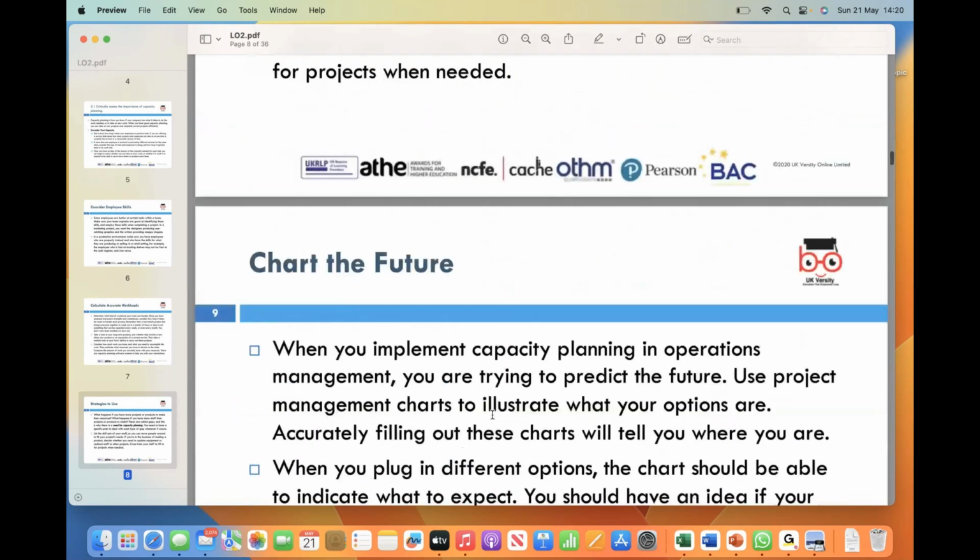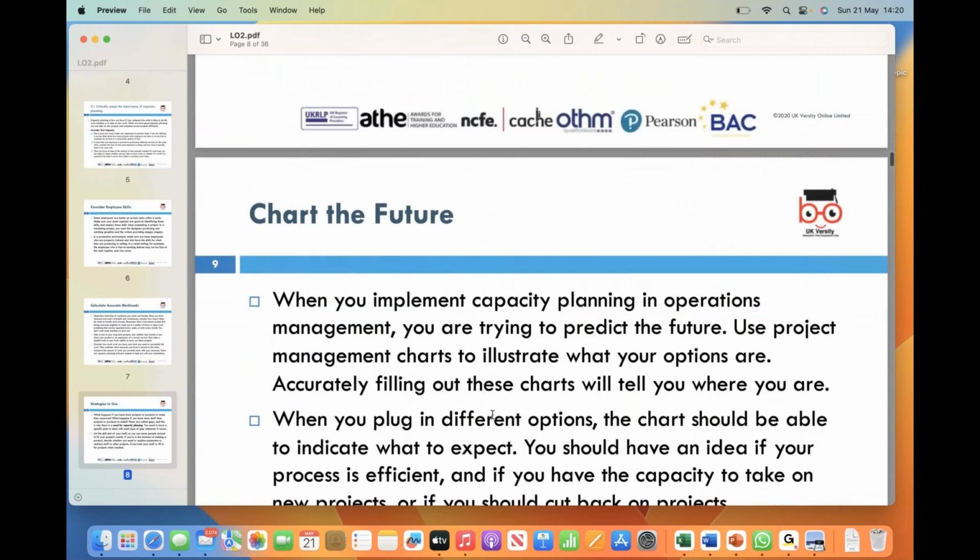Chart the future. When you implement capacity planning in operations management, you are trying to predict the future. Use project management charts to illustrate what your options are. Actually filling out these charts will tell you where you are.